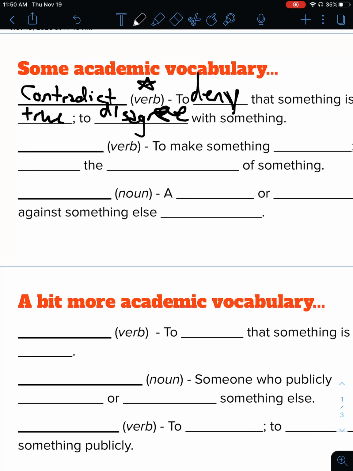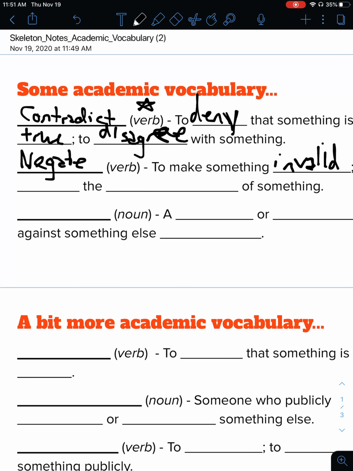Another verb we use when we're talking about disagreeing with someone is the word negate. To negate something is to make something invalid. Another word for invalid, if you want to write yourself a little note next to this, is untrue.